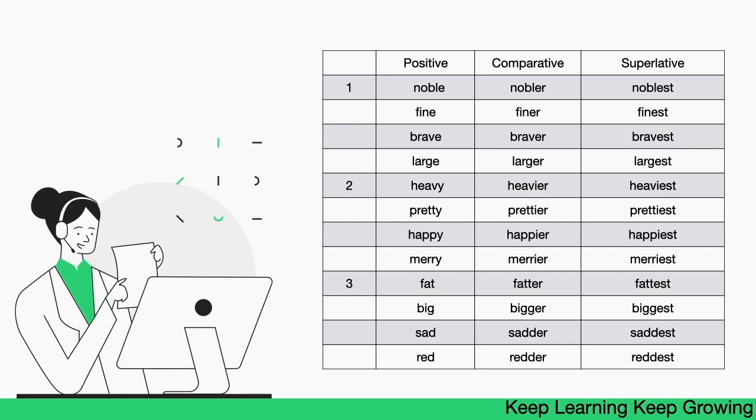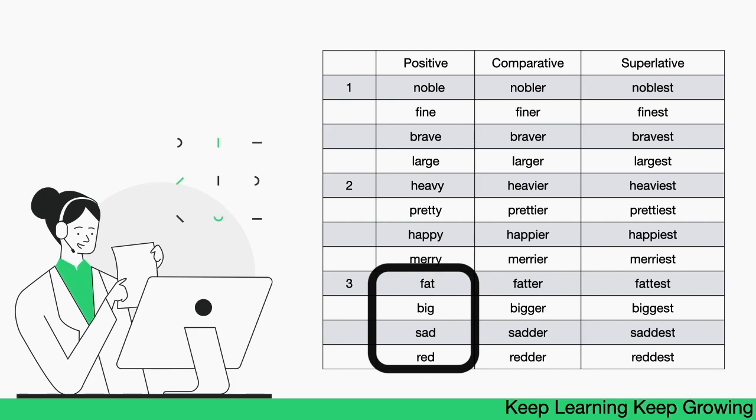And in number 3, when the positive is a word of one syllable like fat, big, sad, red and ends with a single consonant with a short vowel before it, all these have a short vowel before it.